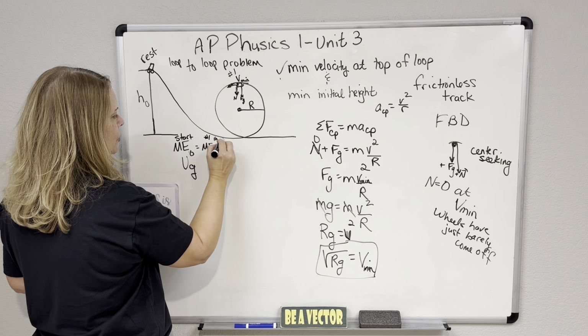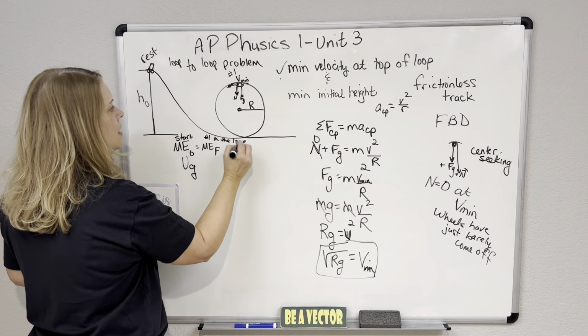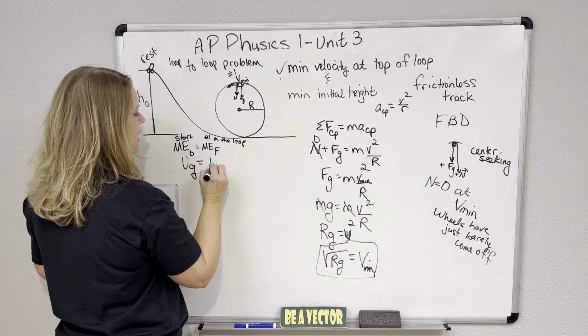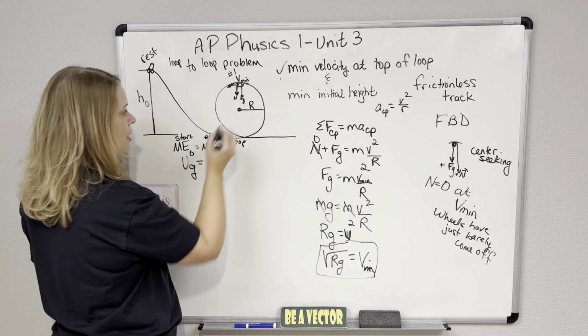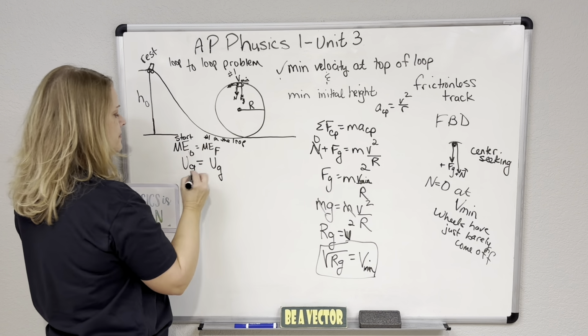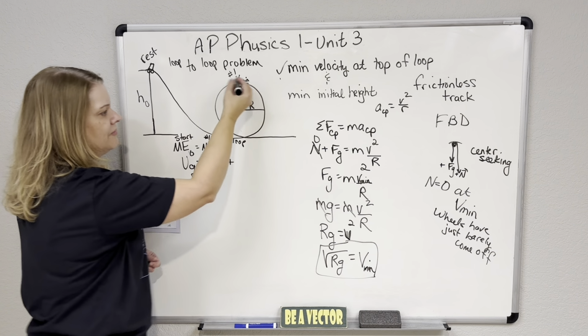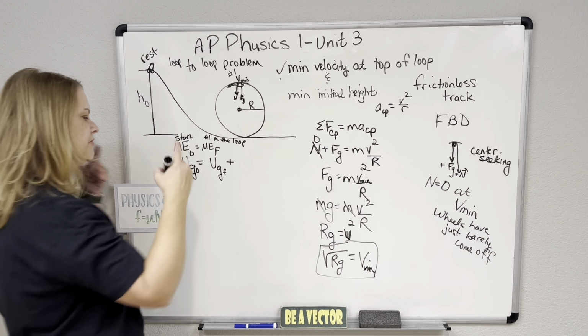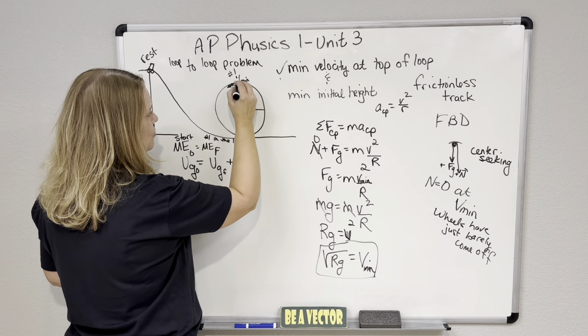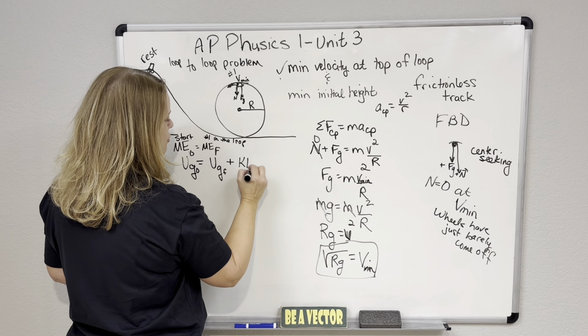Now, when I get to position 1 in the loop, I have potential energy again, gravitational, because there's a height here, and that's going to be its final for this position, it's going to come back around, plus we are moving, so there's kinetic energy as well.